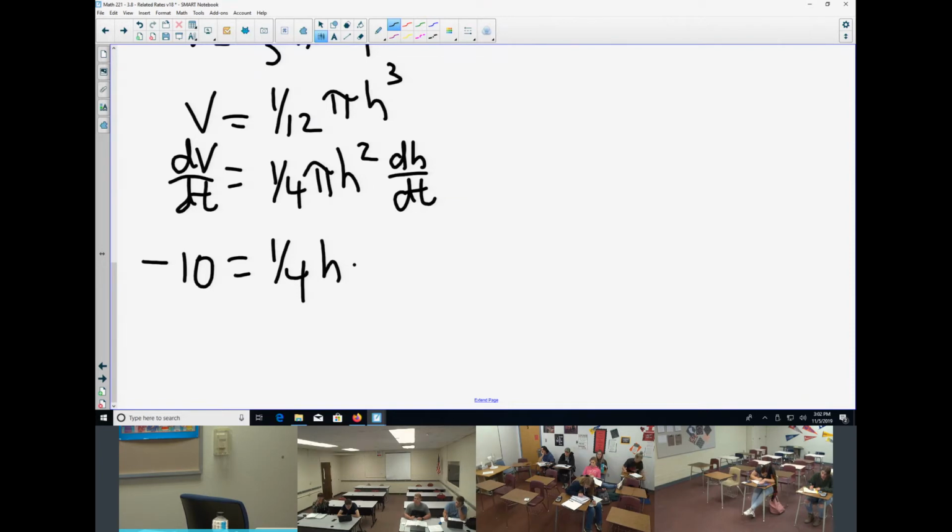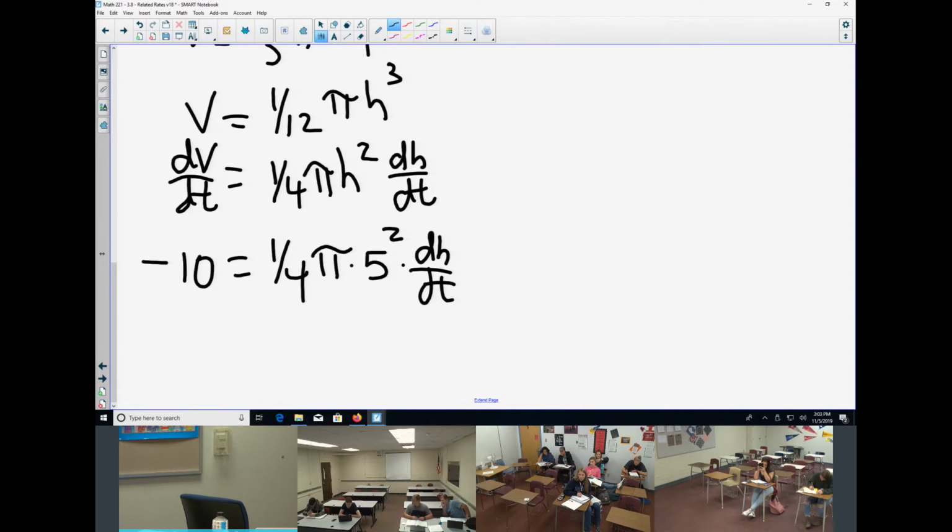pi, excuse me. Pi and 5, when the cone is 5 inches deep, so 5 squared times dh/dt. So when we solve that for dh/dt, that will actually be the answer to part B. How fast is the level in the cone falling then?